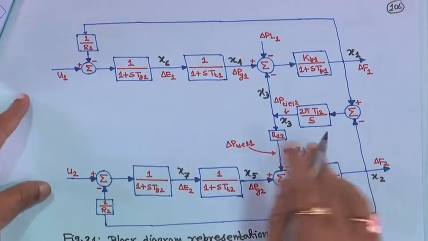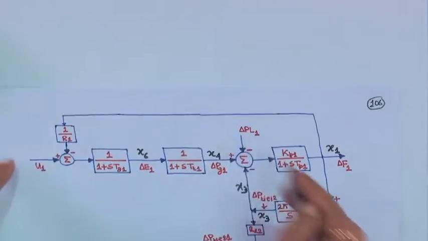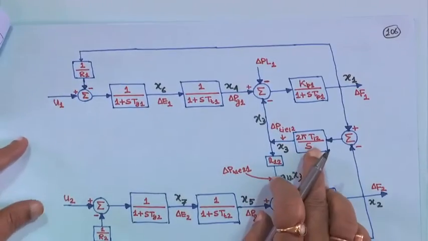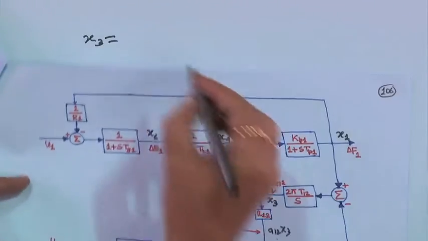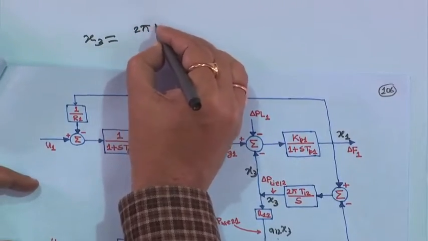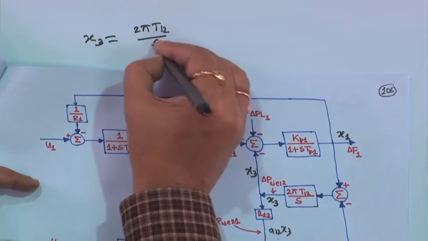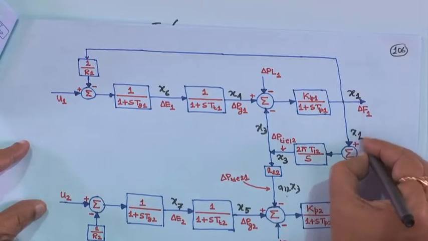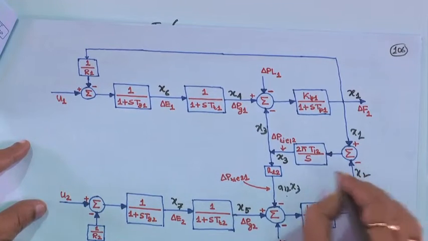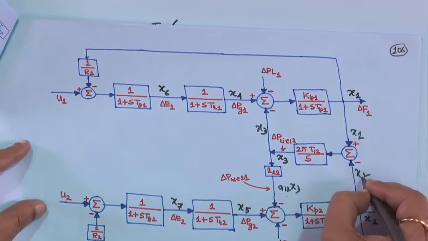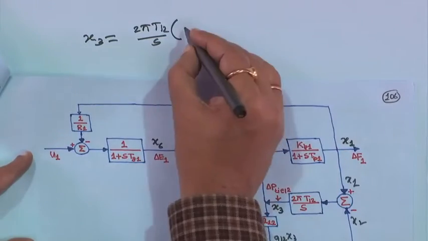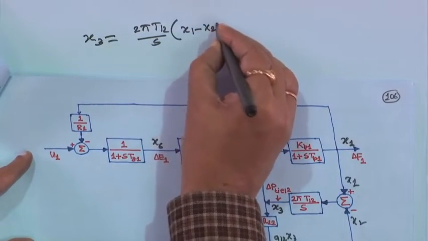So, in this case if you look in the block diagram, that x3 is equal to 2 pi t12 upon s into, this is actually x1. So, this is x1 and this is x2. So, into x1 minus x2, right. So, it is plus x1, it is minus x2, x1 minus x2, right.